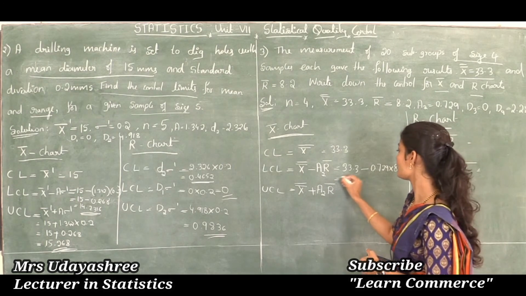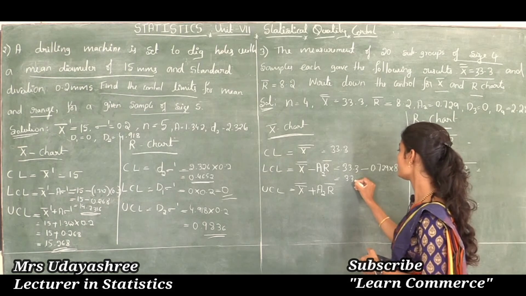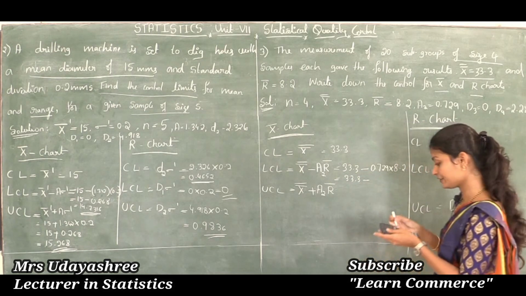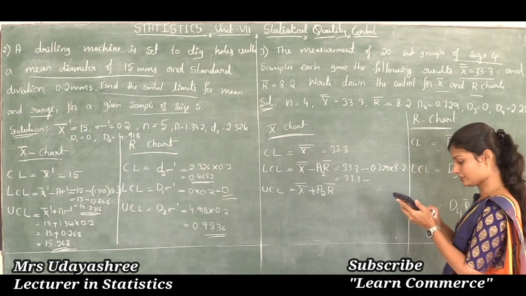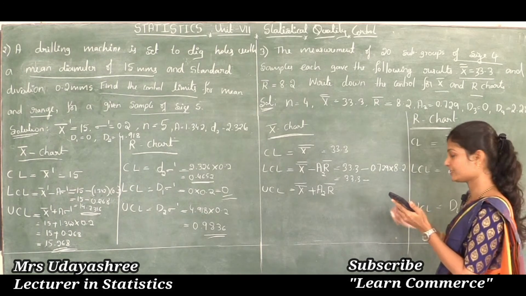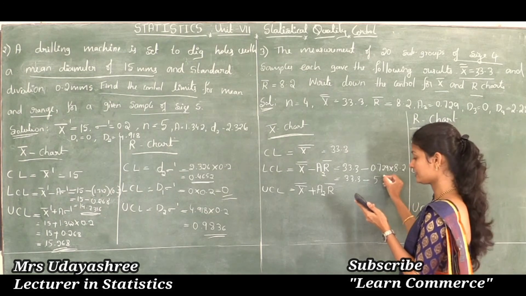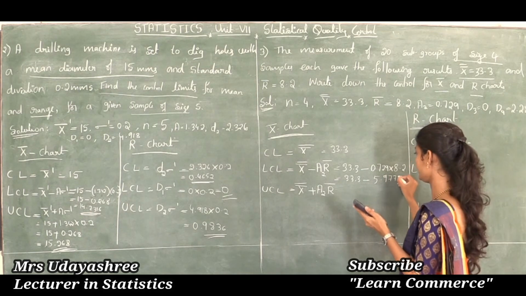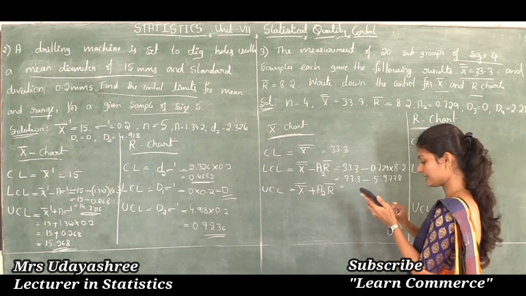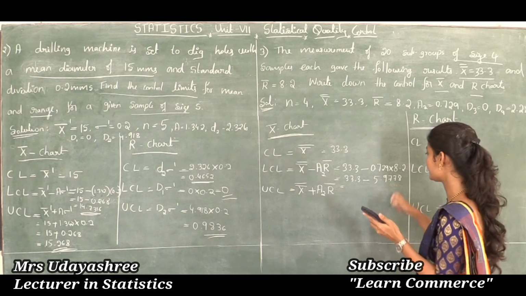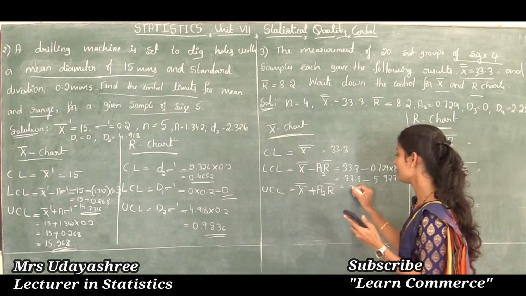So this is equal to 33.3 minus 0.729 into 8.2, that value is 5.9778. And this is equal to 33.3 minus 5.9778.